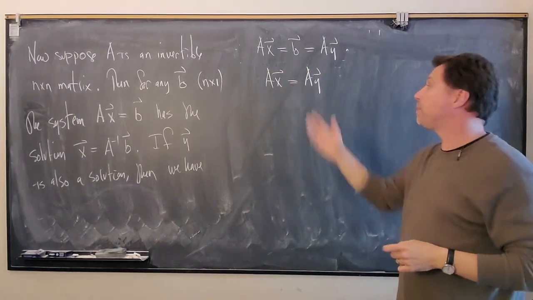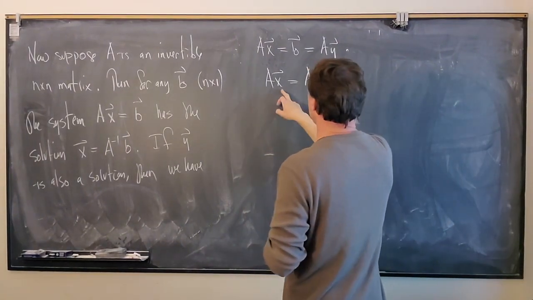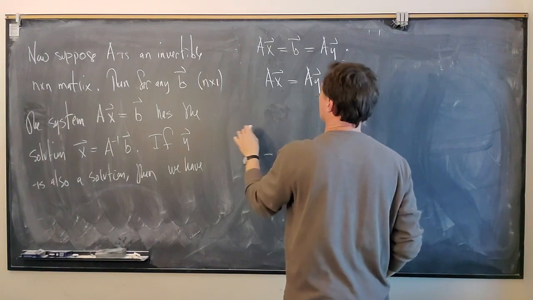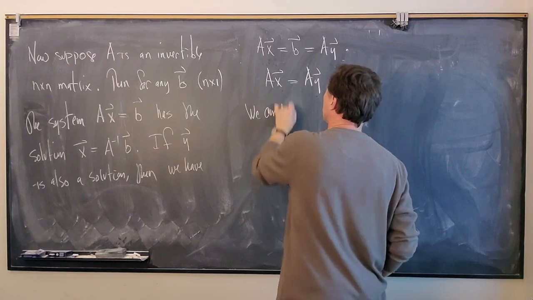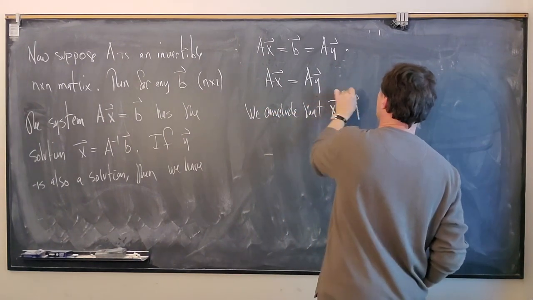Now, if I multiply both sides of this equation by A inverse, what we get is X equals Y. So we conclude that X equals Y.